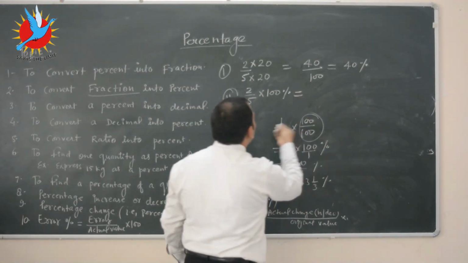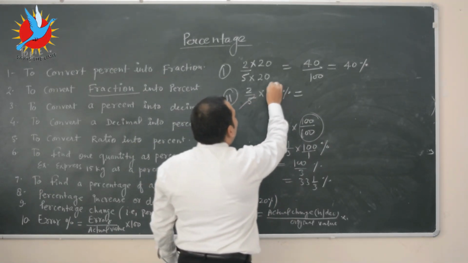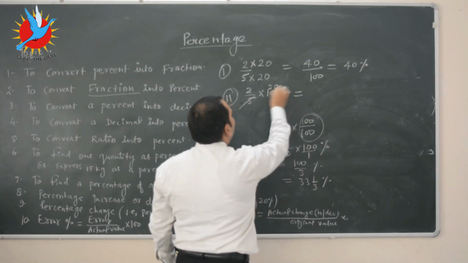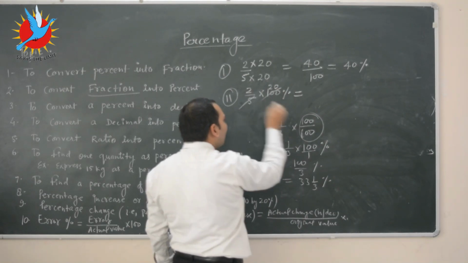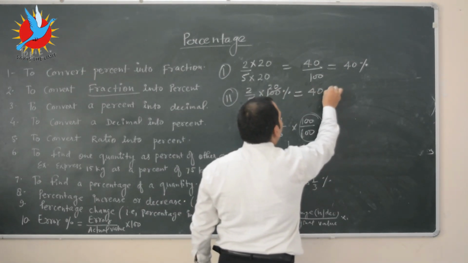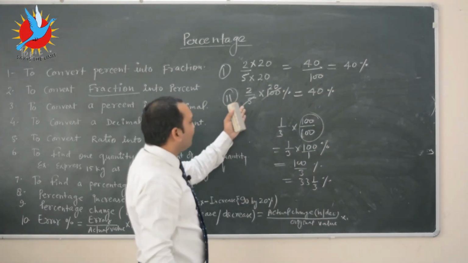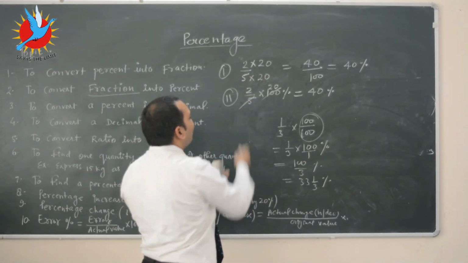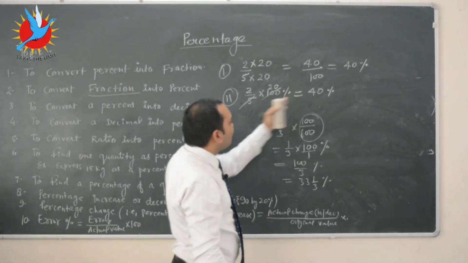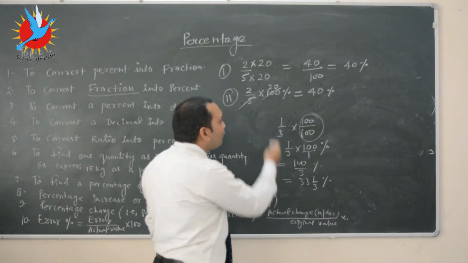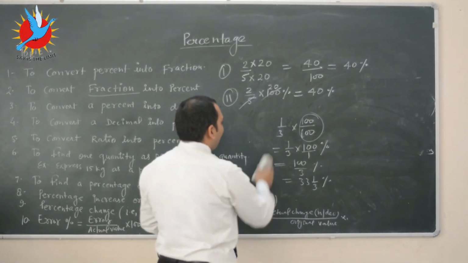So it will be 2 into 20, 40%. This is 2 upon 5, converting this fraction into percentage. So we just multiply by 100%.